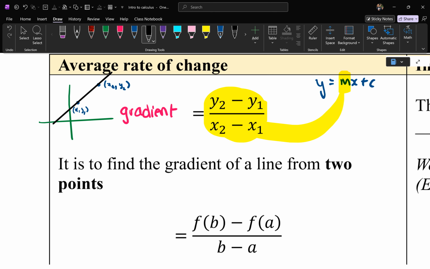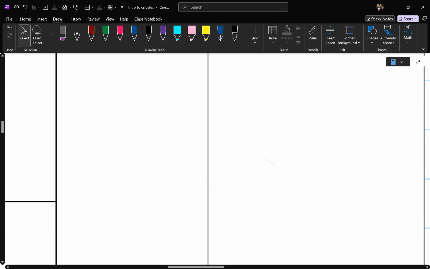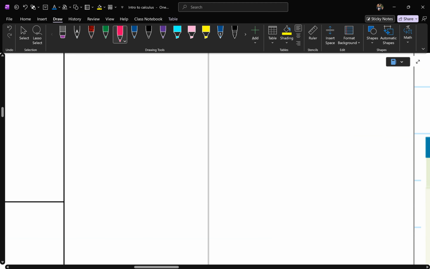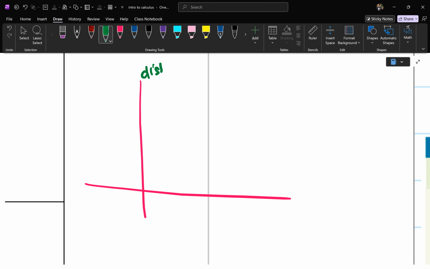Okay? Now, why do we call it average rate of change? Well, here's a bit of logic to it. I'm just going to draw it separately. You don't have to copy this bit. If I said that a car was driving, and this is the distance, so this y-axis talks about distance. So I go up, I go down, and I go further out.